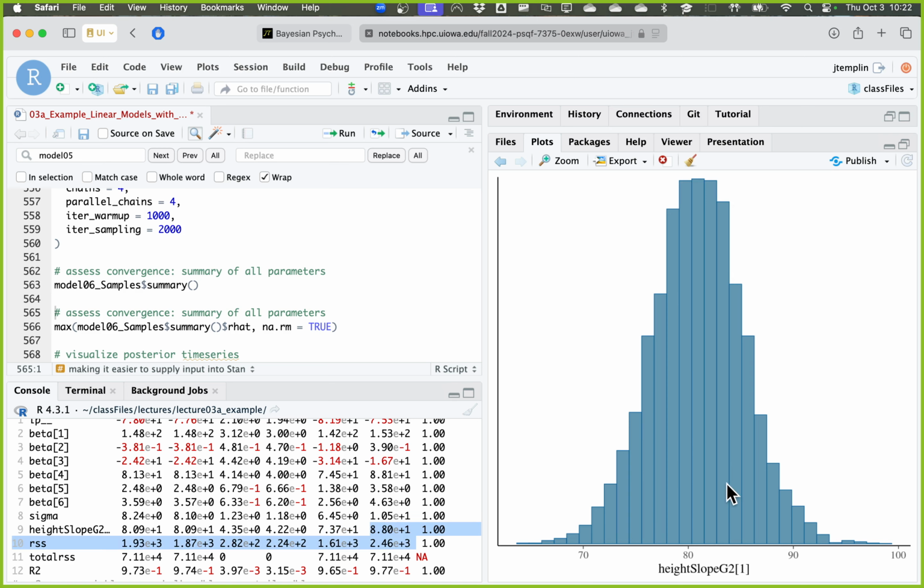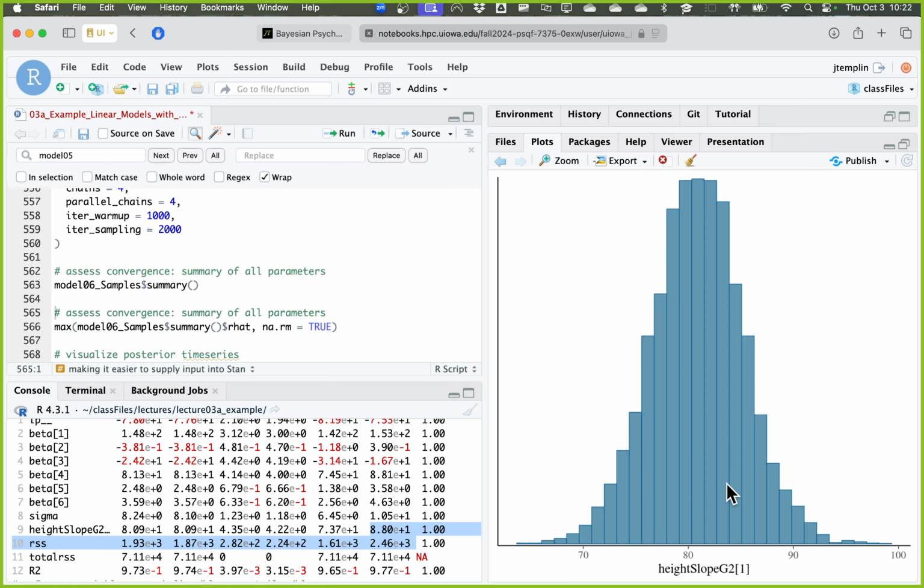But because 0 doesn't fall within that interval, as Bayesians, we'd have high confidence to suggest that height has a significant effect for group 2. That is what this is telling us right here. And we still get a posterior distribution for it as well.